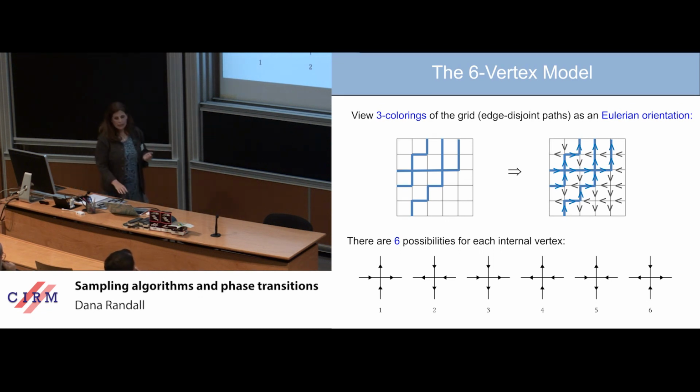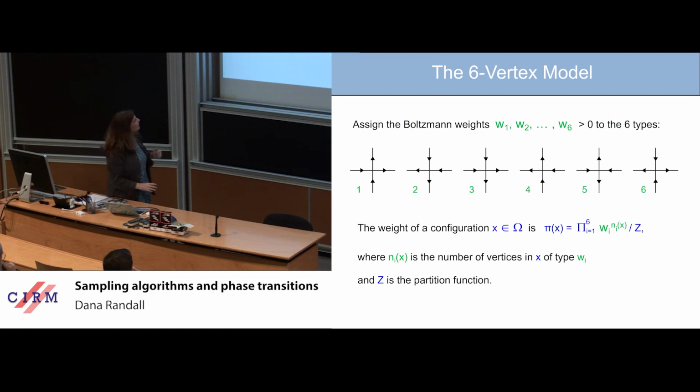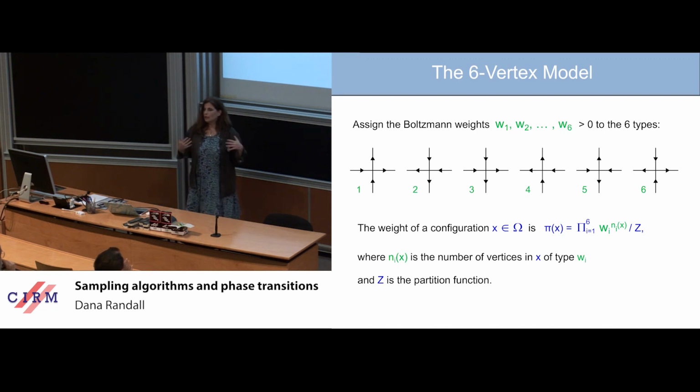The 6-vertex model is going to give each one of these a different weight, W1 to W6. If I have a configuration, the weight of that configuration is the product over all of the vertices of the weight at that vertex. So this is no longer weighted in the sense of biased surfaces where you're looking at the area underneath. This is talking about the surface area.